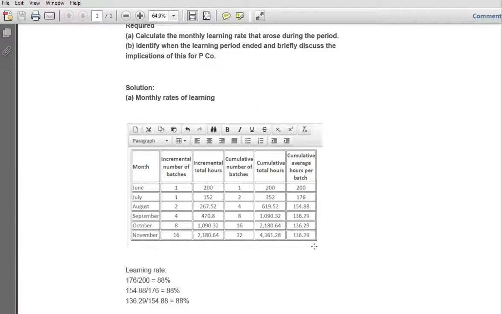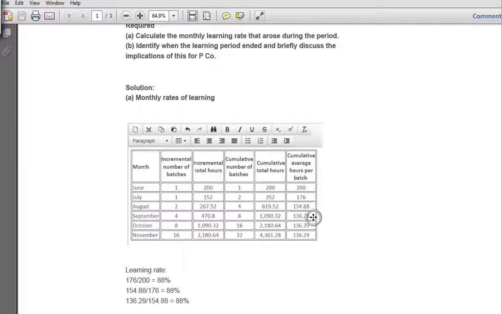In the same way, we have the cumulative average time. Now, once we have this, it's very easy for us to calculate the learning rate. You can see that from 200, the time reduced to 176. So 176 divided by 200 will give you 88%. 154.88 divided by 176 again gives you 88%. 136.29 divided by 154.88 again is 88%.